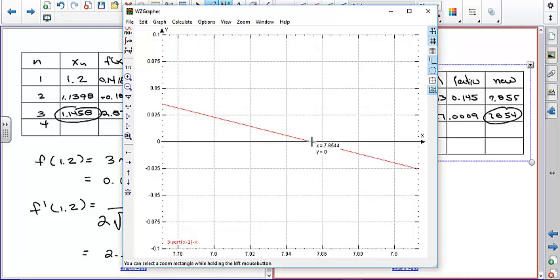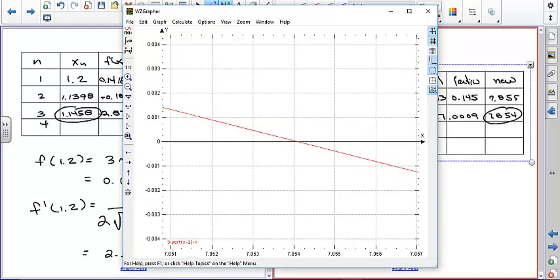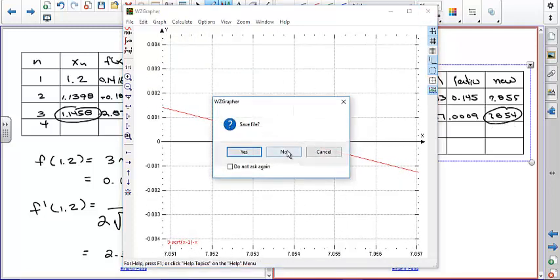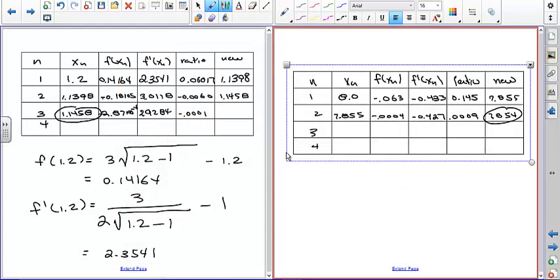That's pretty good. It's very good at demonstrating how quickly you can come to the x-intercept. The other way to do it would be to look for where the function crosses the x-axis and then interpolate between those two.